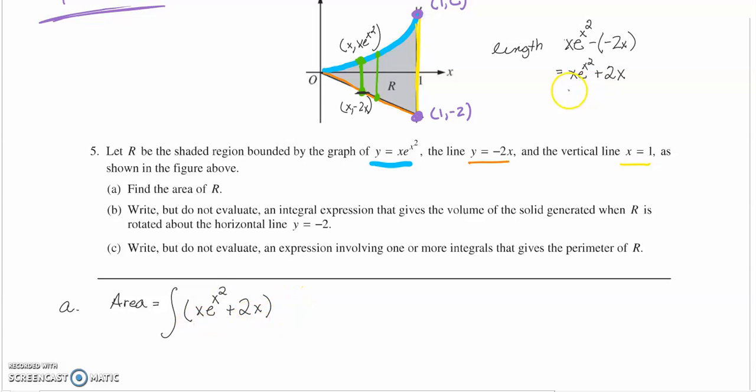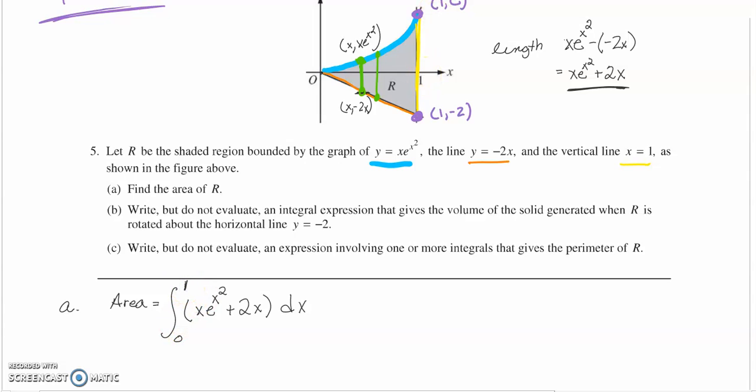So that's this height of the rectangle that we found. And to get the width is dx. So my integrand represents the area of one rectangle. The integral gives me the sum of infinitely many. My bounds: since I'm choosing to integrate with respect to x, I take the lowest x value, which is 0, to the highest x value, which is 1.